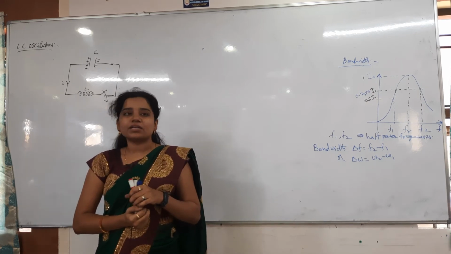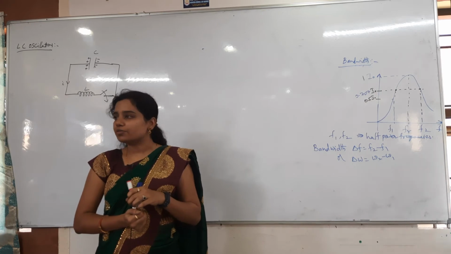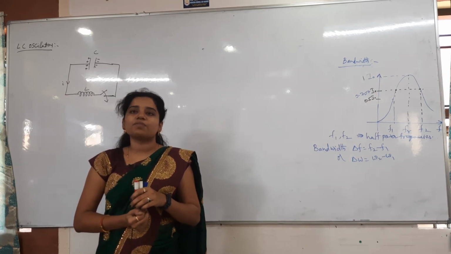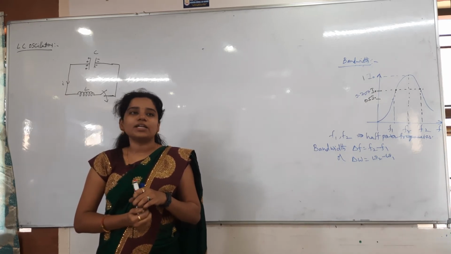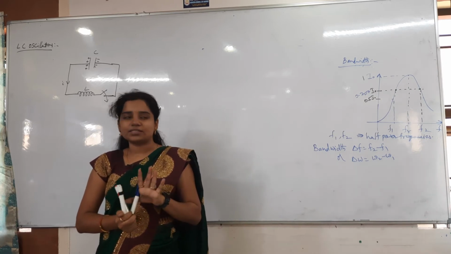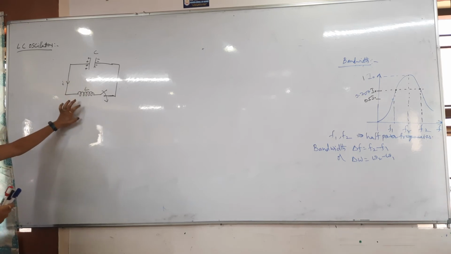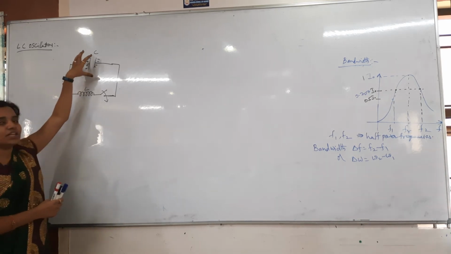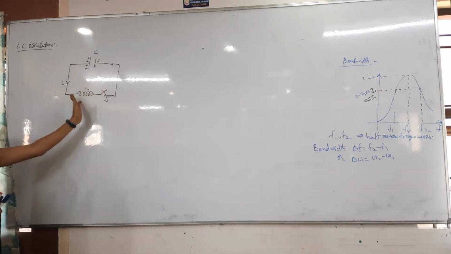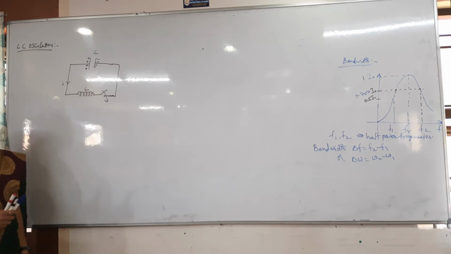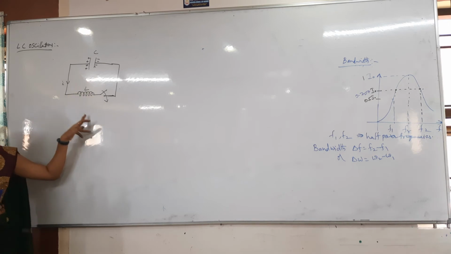Due to that magnetic flux, we will get an EMF. So that EMF E is equal to L into di by dt. That's enough. Now, mainly I have connected the capacitor and then the inductor. The capacitor is fully charged. After that I have connected it to the inductor and closed the switch. Then what happens? Current flows from the capacitor to the inductor.